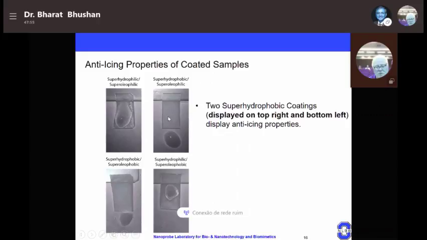A supercooled water droplet does slide off the sample and does not get stuck.